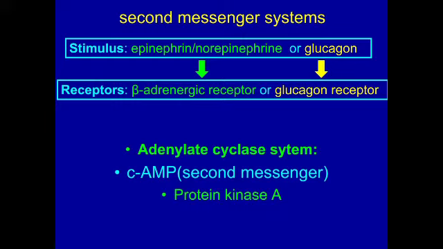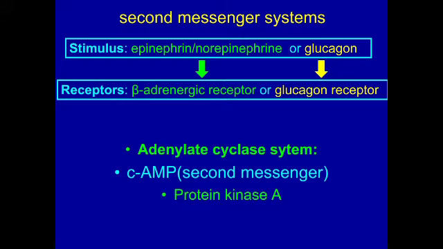So note the arrow directions, the specificity. This is to underscore specificity. The reason you have two different receptors that may act similarly is because different tissues have different distribution of specific receptors. Some tissues may not have the glucagon receptor, but they may have the beta-adrenergic receptor.